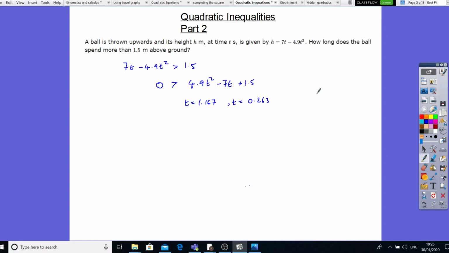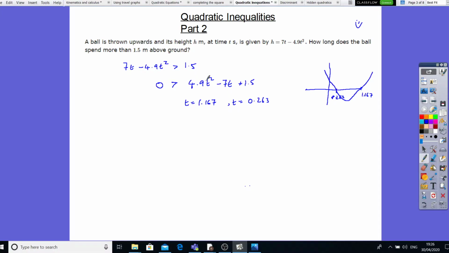So what that means is, if I do a quick sketch of this graph, t is there, 0.263, and there, 1.167, and it's a positive, so it's a smiley face. Okay, the quadratic in that shape, parabola going up and down.